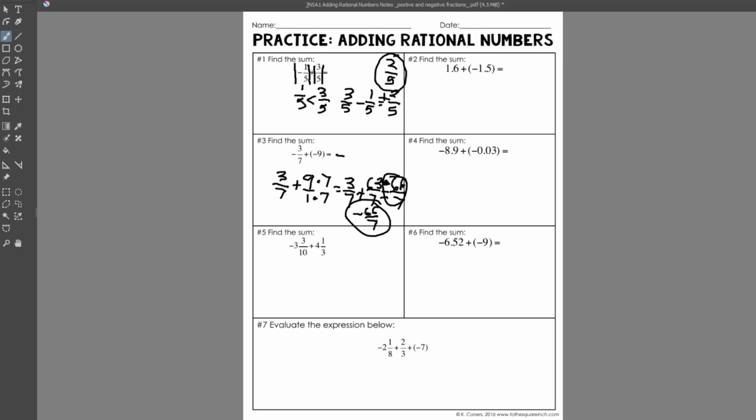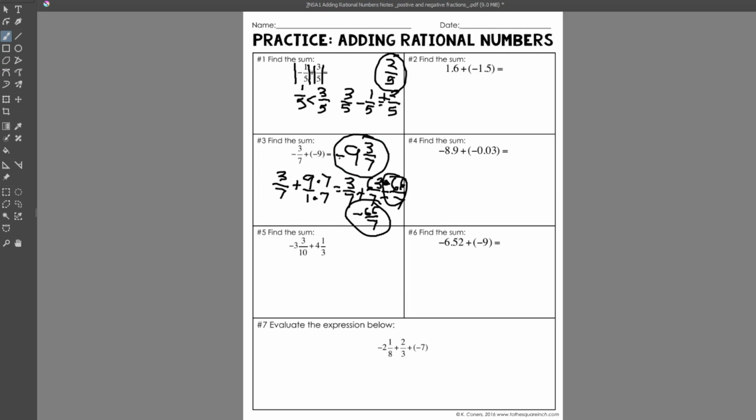You might be wondering, can I just leave my answer like that as an improper fraction? Well, yes, in this case you can, because it's as simplified as it can get, but you could also turn it into a mixed number. So how many times can 7 go into 66? It goes into it 9 full times, because 7 times 9 is 63, and I have a remainder of 3 over 7.